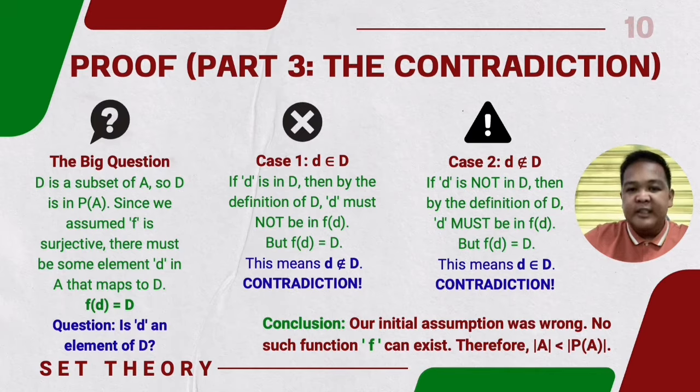Both scenarios lead us to contradiction, proving that our initial assumption that f is surjective was incorrect. Therefore, no such function f can exist between A and P(A). This conclusively shows that the cardinality of A is less than that of P(A).